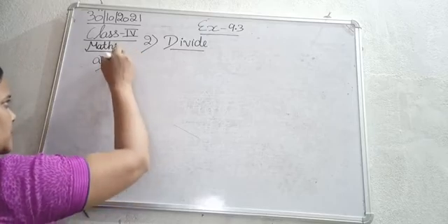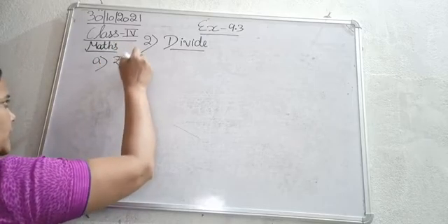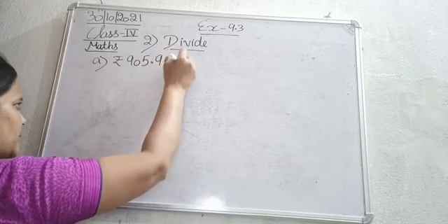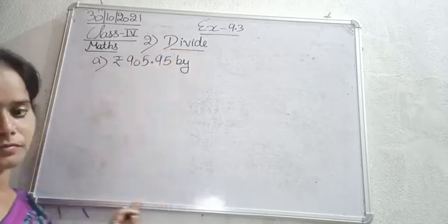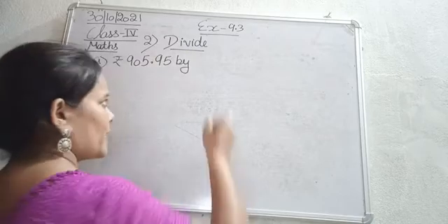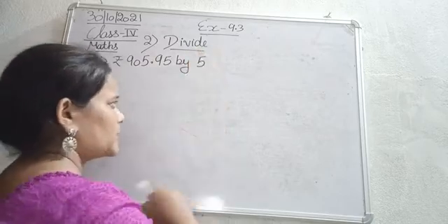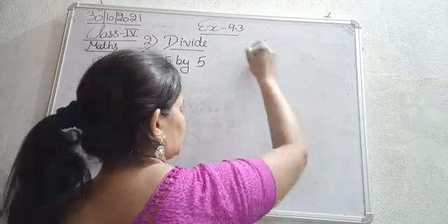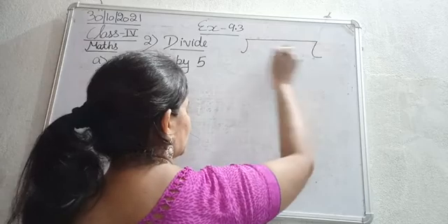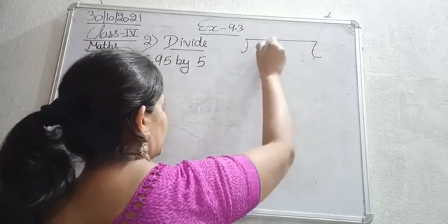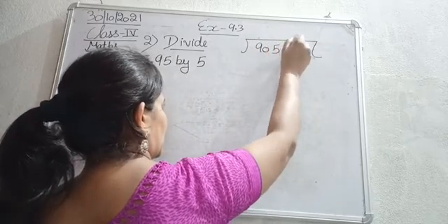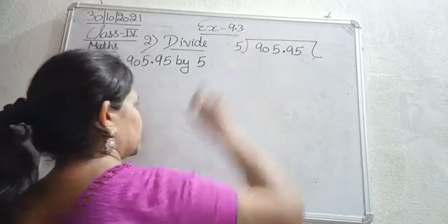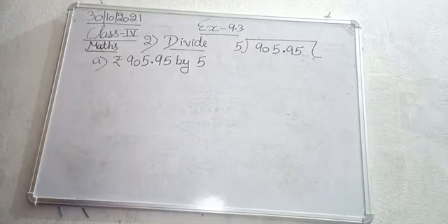So just simply divide it. So let's divide. So 905 rupees 95 paisa divided by 5.